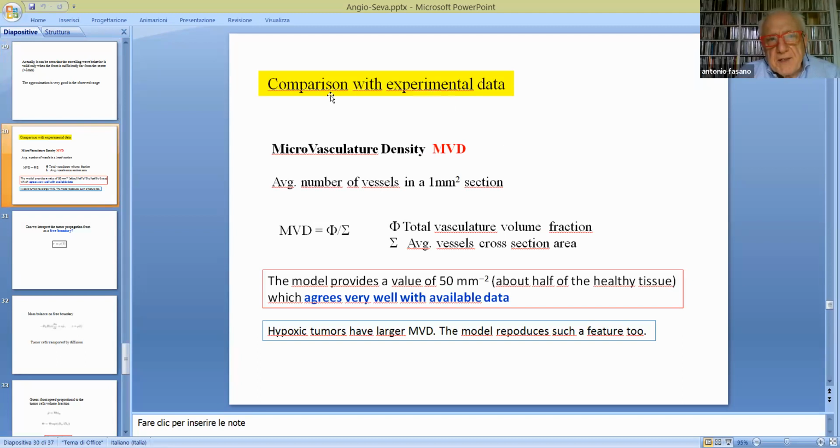So the very interesting thing is that notwithstanding the model complication, it fits the experimental data very nicely. So in the experiments, the density of the formed vasculature has been measured, and this is fitted very nicely by our model.